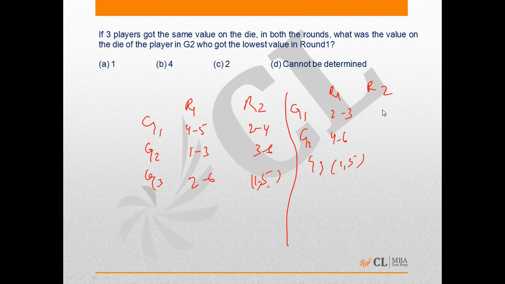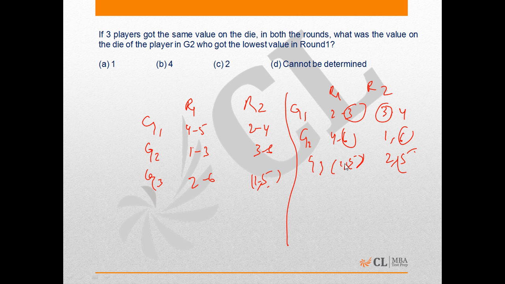In round 2 G1 gets 3 4, G2 1 6 and G3 2 5. Here 3 is common for G1, 6 is common for G2 and 5 is common for G3.